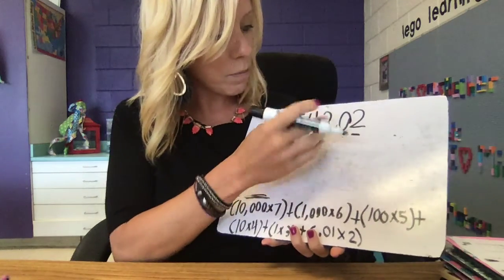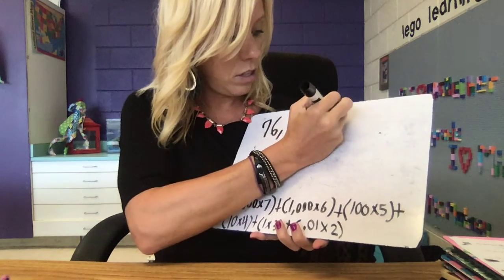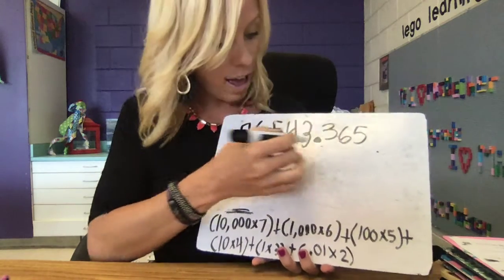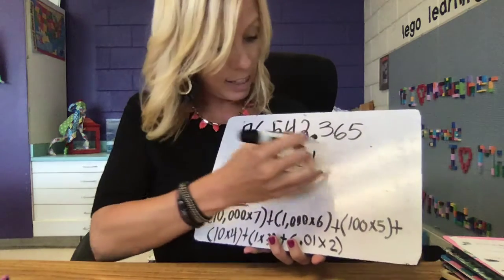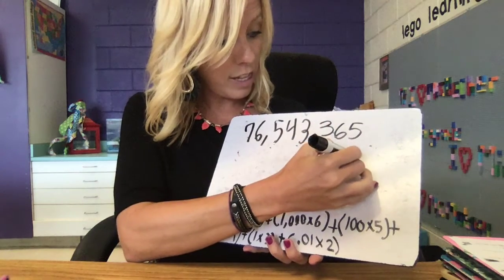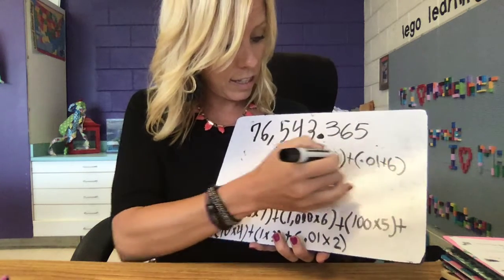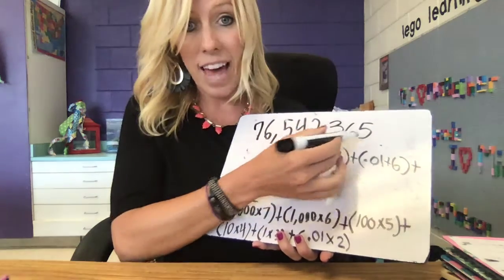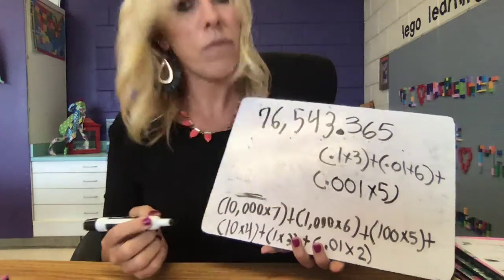So when I'm talking about the decimals, let's just change this to 3, 6, 5. In my tenths place, I have a 3. In my hundredths place, tenths, hundredths, I have a 6. And in my tenths, hundredths, thousandths place, I have a 5.